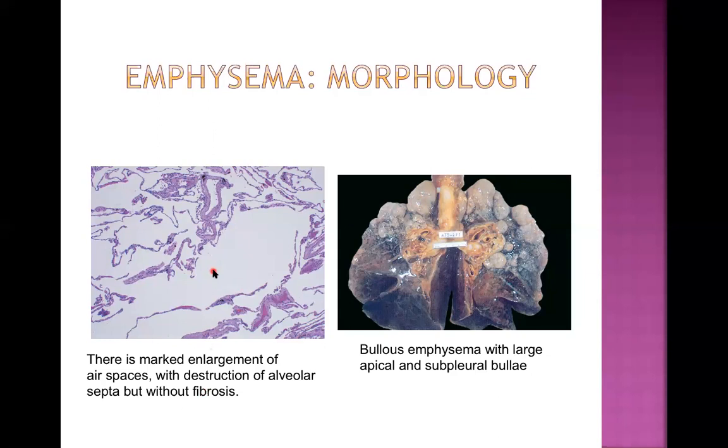If we take a biopsy from the lung, it looks like this. Look here, there is a very large air space which has developed inside the lung. This air space occurs because of destruction of alveolar septa. A lot of alveoli join together with each other and form a bigger air space. This is a very important feature.